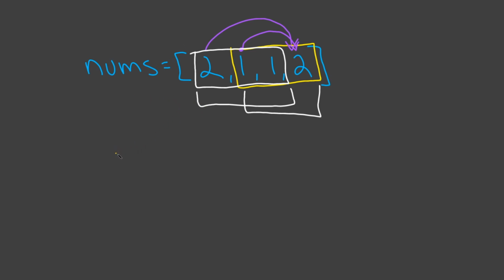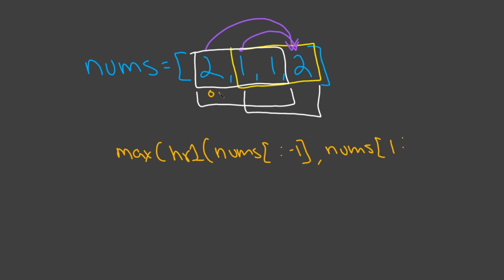And what we're going to do is calculate the max between House Robber 1, let's just say that's our function, and we're going to pass in our array, let's say nums, starting from the beginning all the way to the last one, excluded, that's what this means here, or nums, starting from the first index, because this would be a 0 index, so if we want to skip it, we want to start at the first index, all the way to the last.